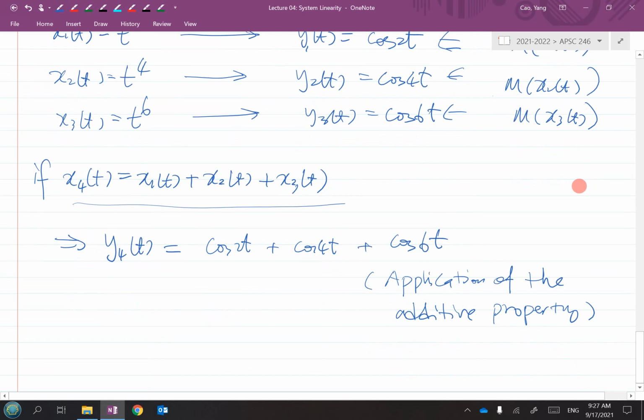But I'm going to show you how we can prove whether the system satisfies the additive property or not.